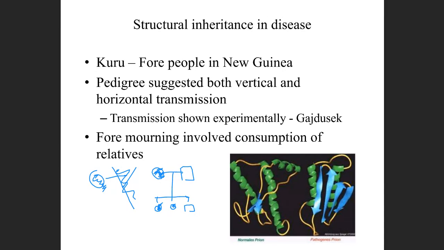Now, however, the mode of transmission was eventually shown experimentally, and the mode of horizontal transmission turned out to be through cannibalism. So the mourning ritual of this people involved the consumption of relatives, and that could include relatives by marriage, not just by ancestry and descent.